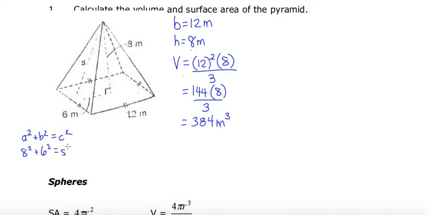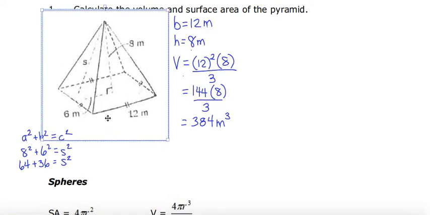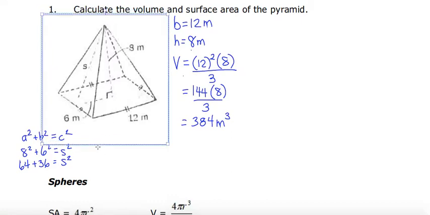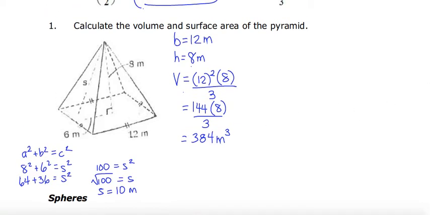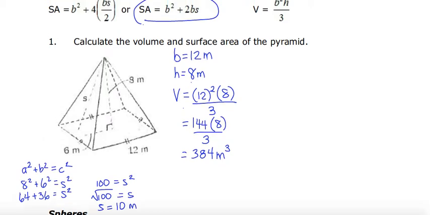And our c is the s that we're trying to find. So 8 squared is 64, plus 6 squared, which is 36, is equal to s squared. 64 plus 36 gives us 100. So 100 is equal to s squared, and the square root of 100 is s, so s is equal to 10 meters.